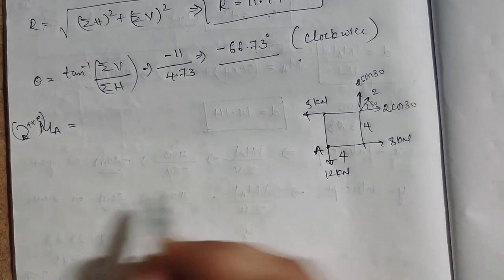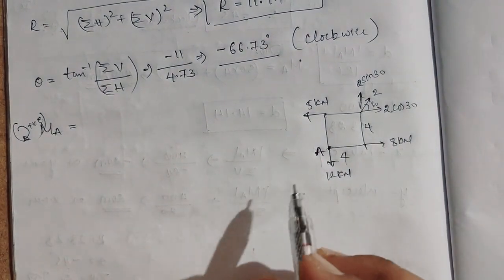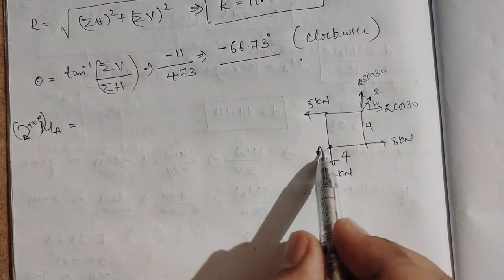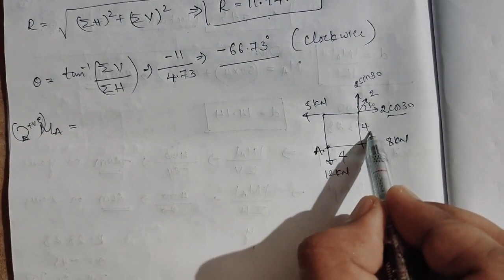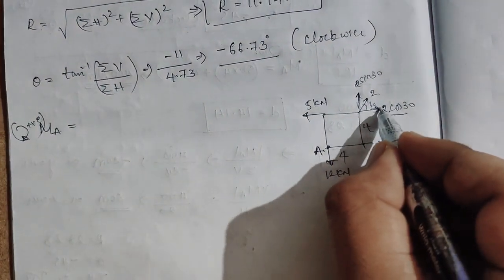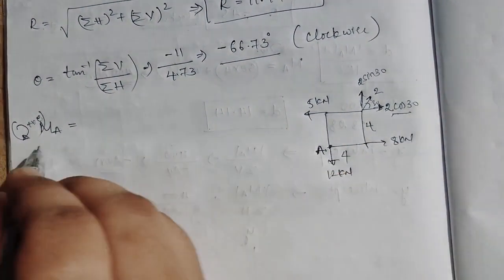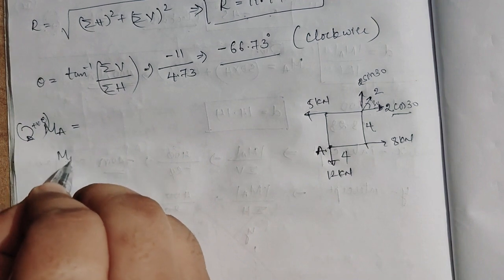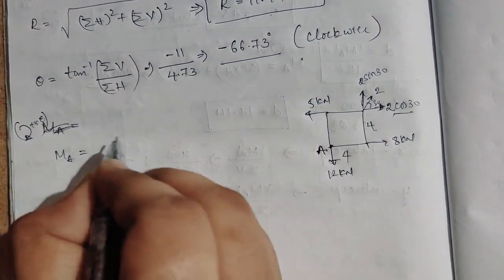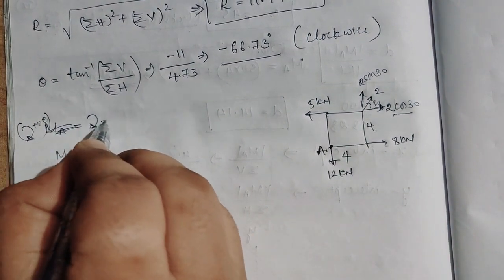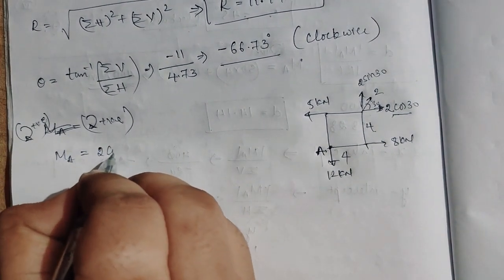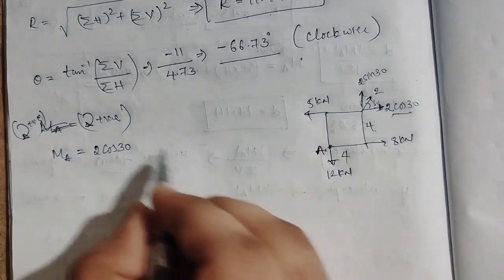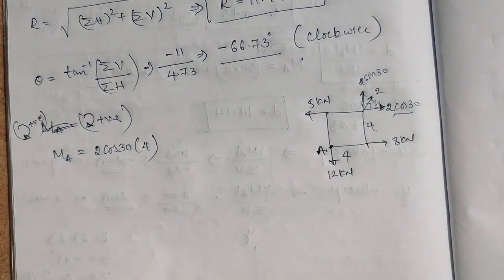Okay, so what are the forces which are creating a rotating effect? 2 cos 30 degree into this 4 will create a rotation in the clockwise direction, so I'll take it as positive. So moment about A, taking clockwise as positive, is 2 cos 30 degree into 4.